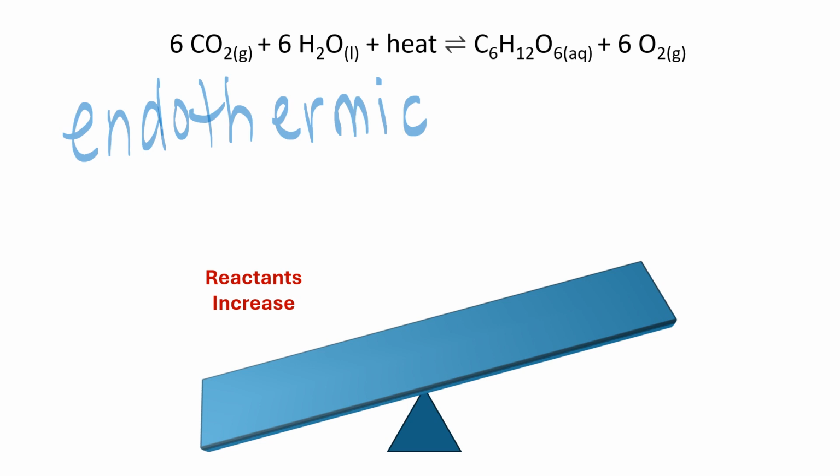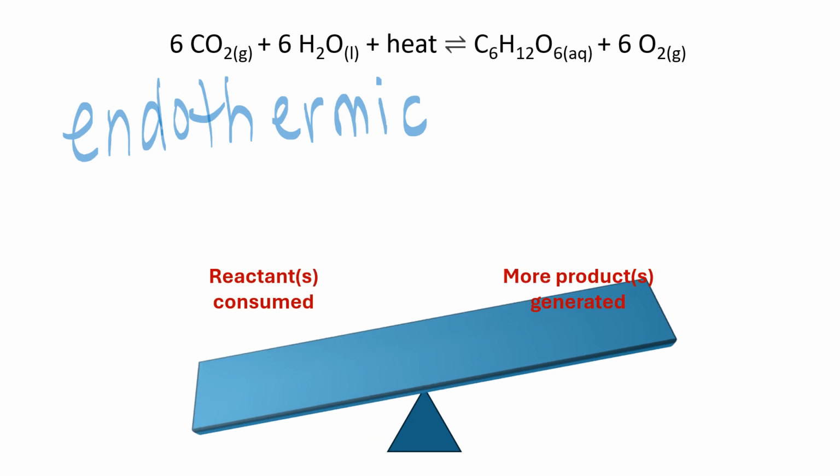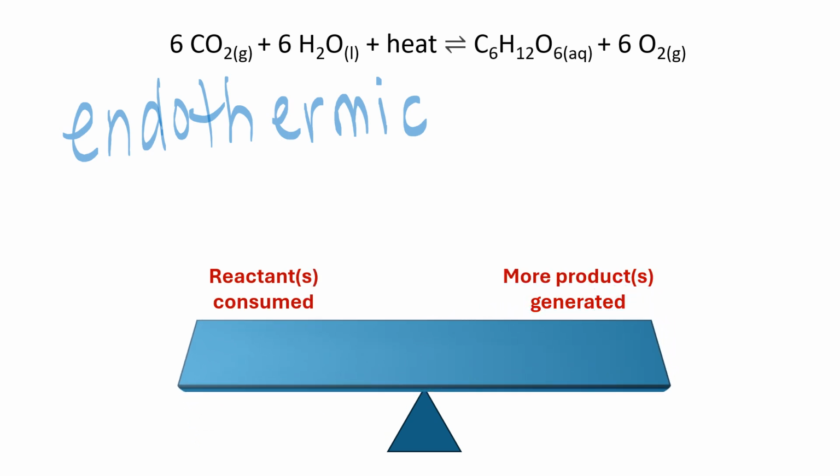So it simulates that same process of adding reactants. Because the product side went up, it's going to shift to the right to generate more products. So endothermic reactions, by increasing the temperature, is going to result in a shift to the right.